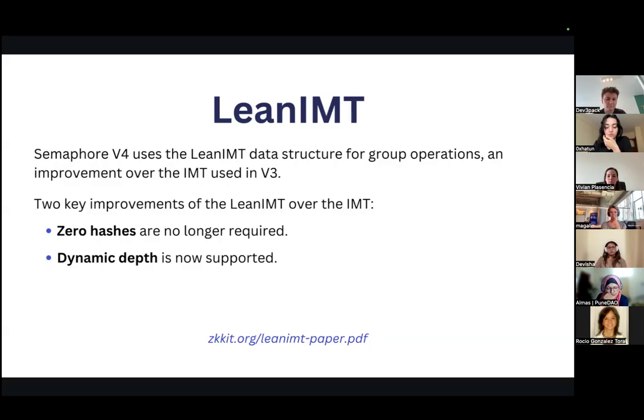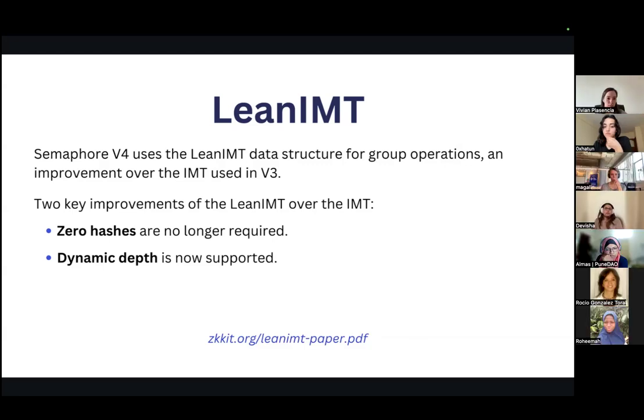In LeanIMT that's no longer needed, since right now we send the same leaf up to the parent, so we don't use unnecessary space. It's also more efficient, because you don't need to calculate that hash.